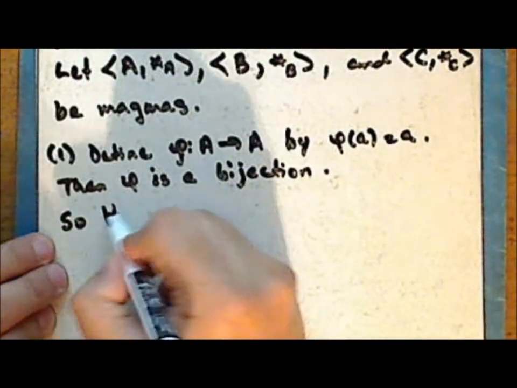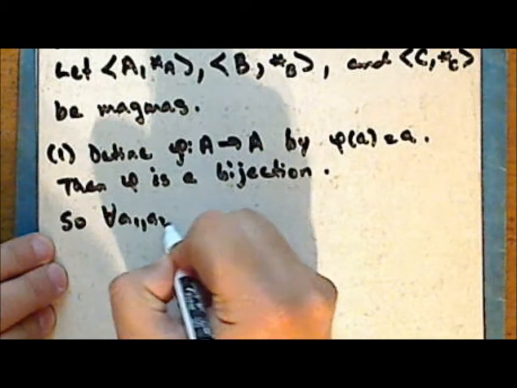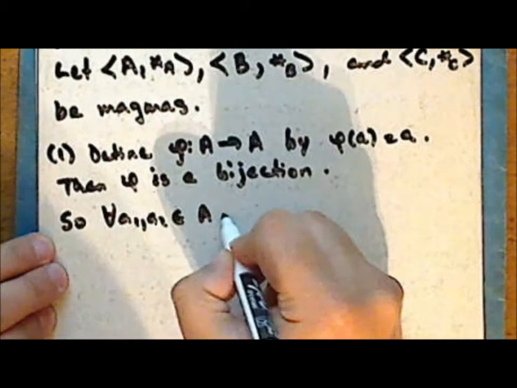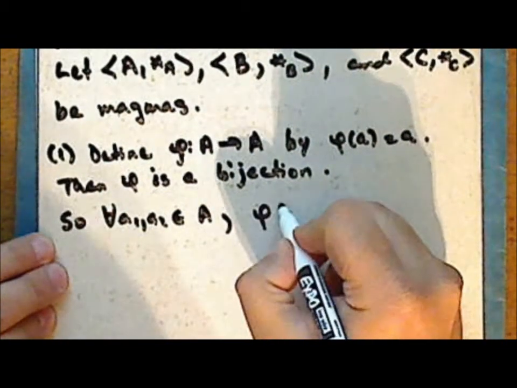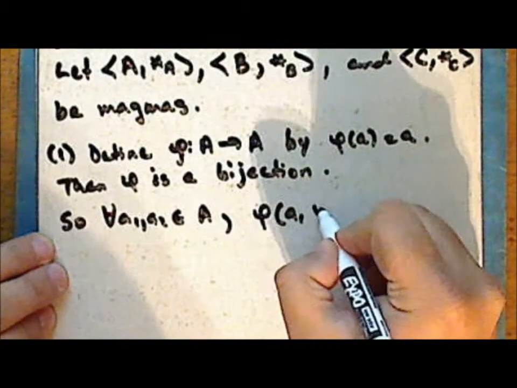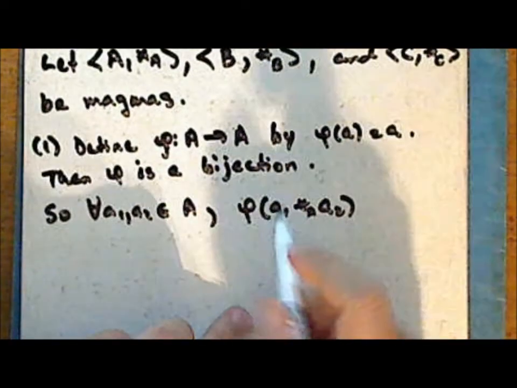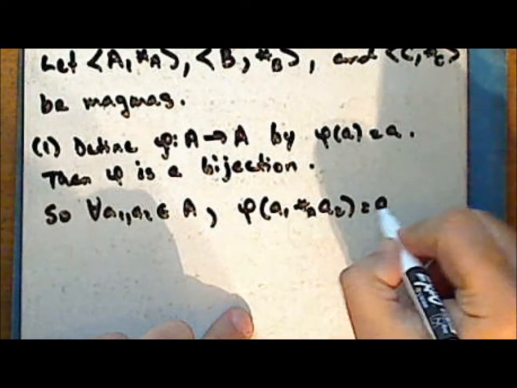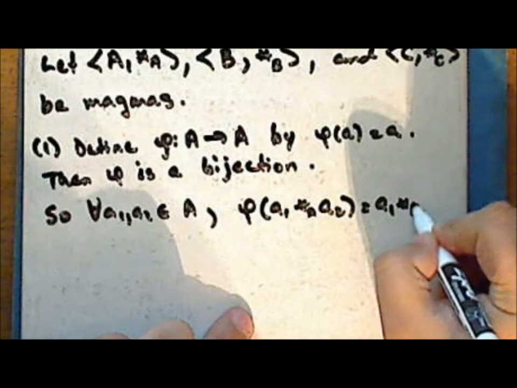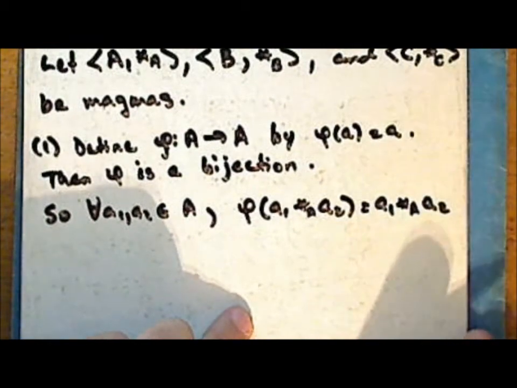And so for every two elements A1 and A2 in the set A, we have that phi of A1 star sub A A2 is the element in the argument, that is A1 star sub A A2.